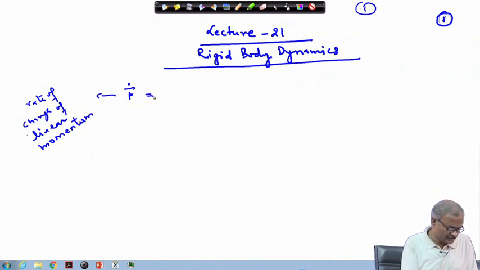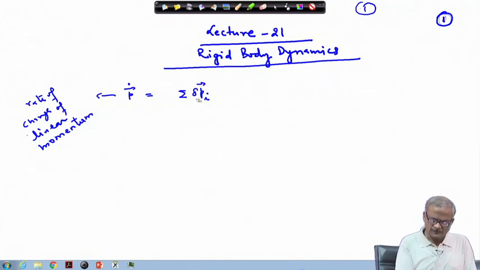This we have written as, this is for the whole body, and this is for the individual particle, where the sum is over i equal to 1 to n.